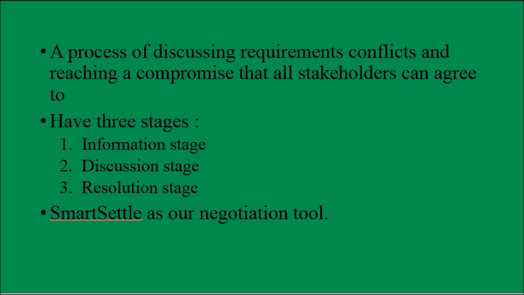Then the Smart Settle negotiation process further uses optimization algorithms to transform all of the conflicts into fair and efficient solutions, and to generate suggestions before an agreement is reached. So with the help of Smart Settle, our negotiation will run smoothly because it will give us an optimized solution and show how it can benefit both parties.